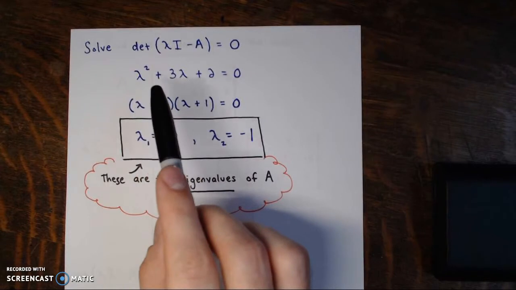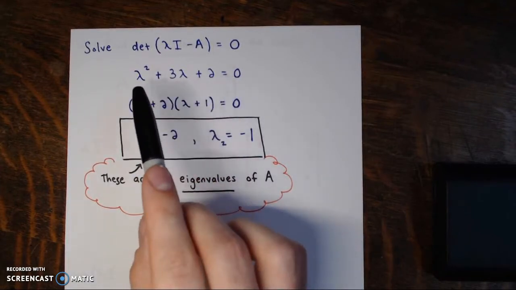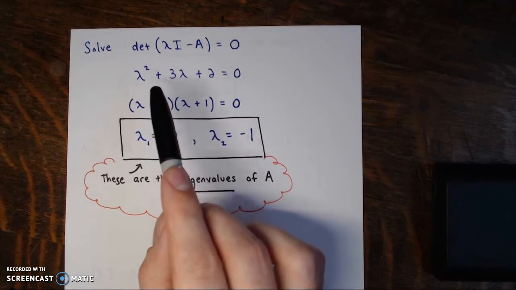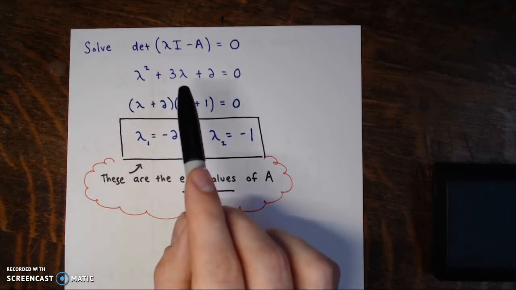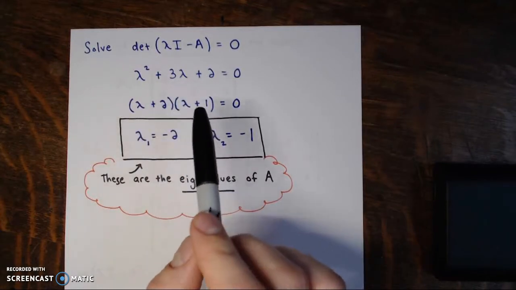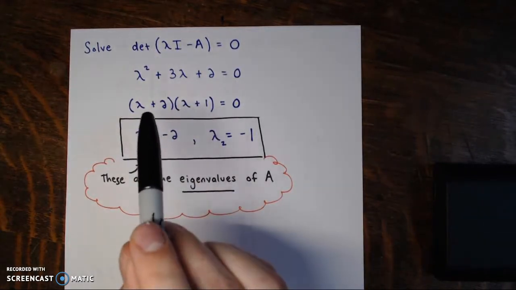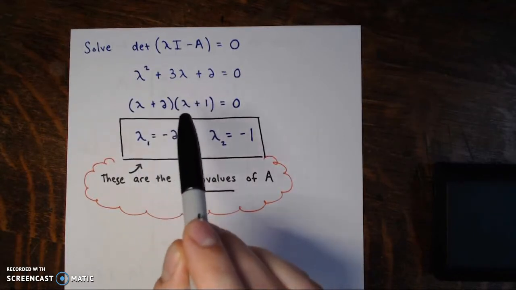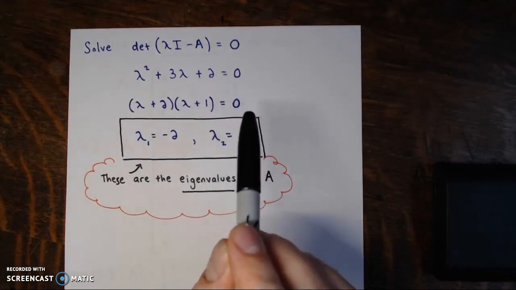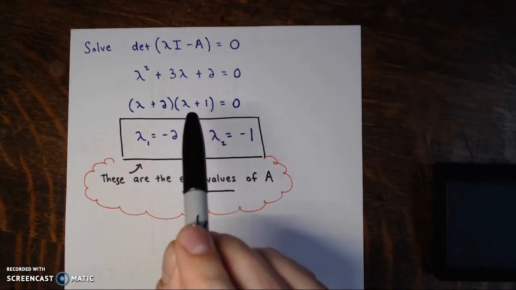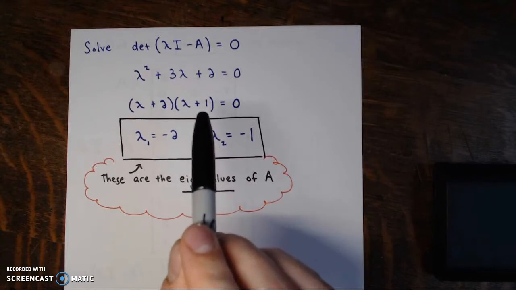Well, you could use the quadratic formula here. This is a quadratic equation in lambda, but you'll see we'll get higher degree polynomial equations. So your ability to factor things will be paramount here, very important. This factors to lambda plus 2 times lambda plus 1, and that's equal to 0 when lambda is negative 2, or when lambda is negative 1.